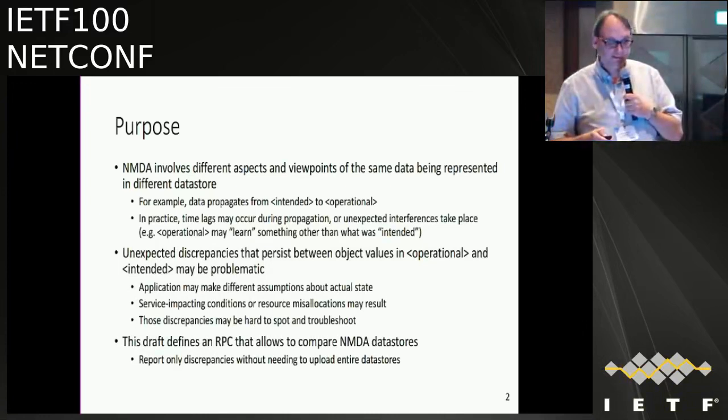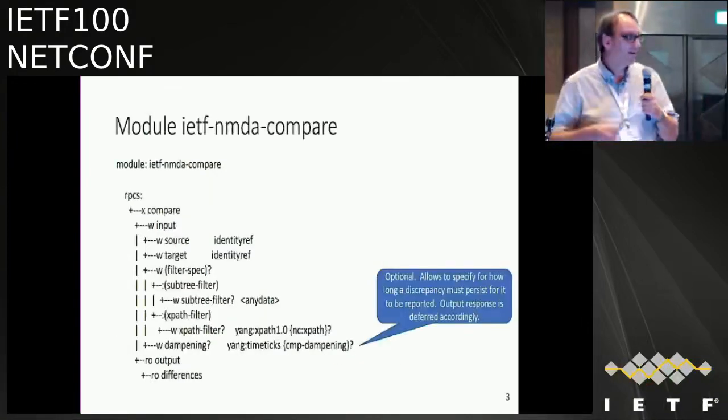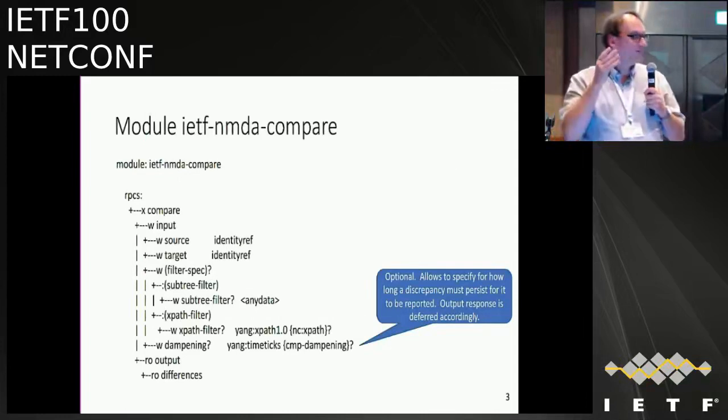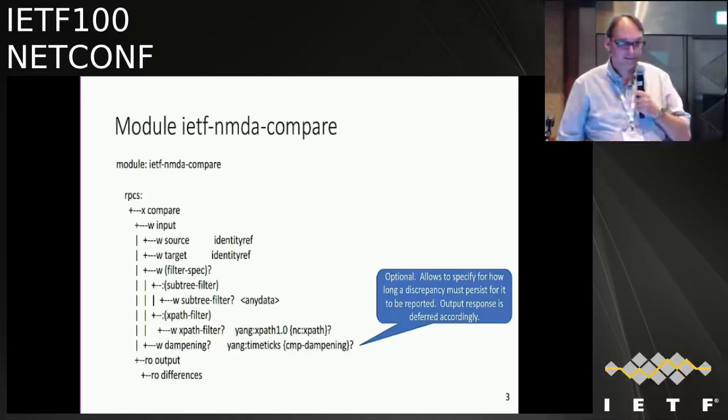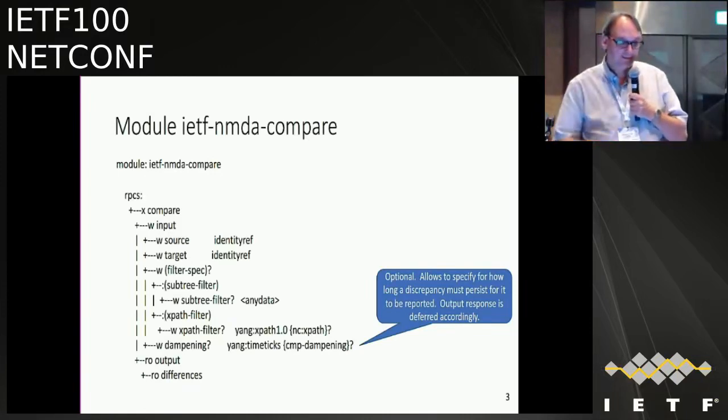Those sorts of issues would otherwise be harder to detect, and would require upload of the entire data store to make the comparison at the client, as opposed to being able to ask the server to do that. At the core of the draft is a very simple module defining this NMDA compare operation.